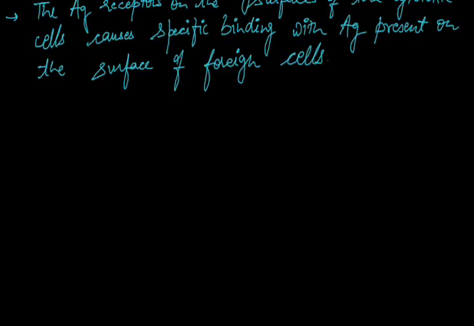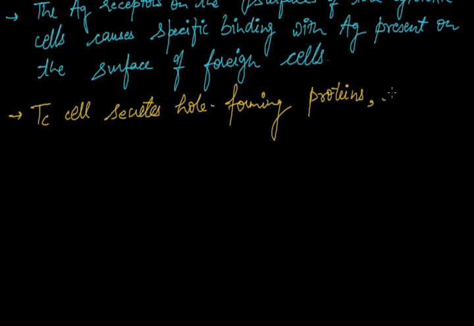After binding, the TC cell, cytotoxic cell, secretes hole forming proteins which are called perforins.